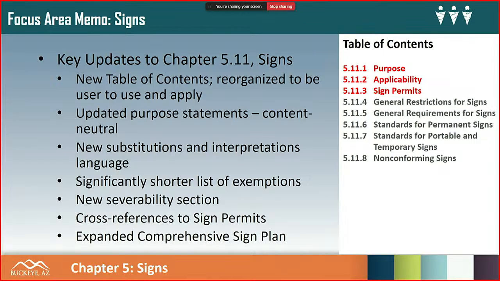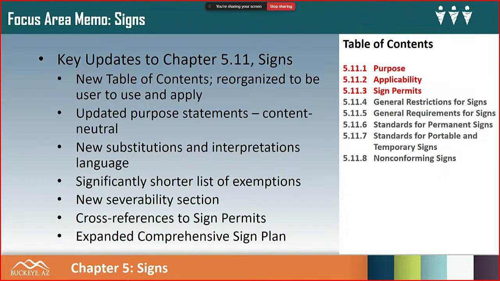Moving then on to the biggest change that you'll see in this chapter is a complete reorganization to make it honestly more user-friendly, easier to follow, not only as a lay member of the public, but you as regulators on the Planning Commission, the City Council, staff to administer it, and users to apply the code.